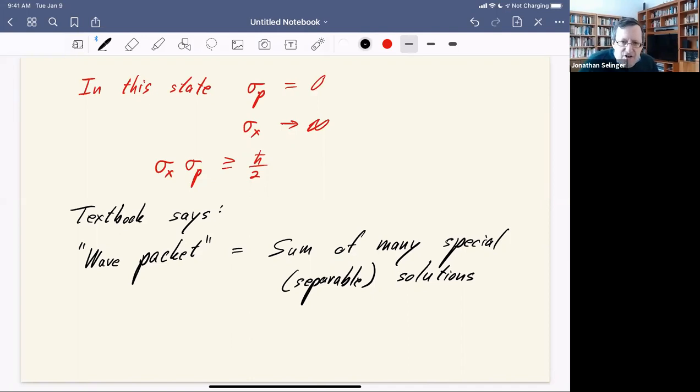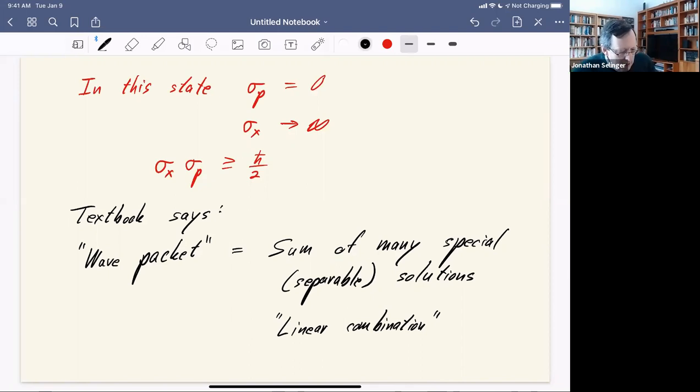And the combination, so we'll call that a linear combination, right? The linear combination will be okay. The linear combination can be normalizable.